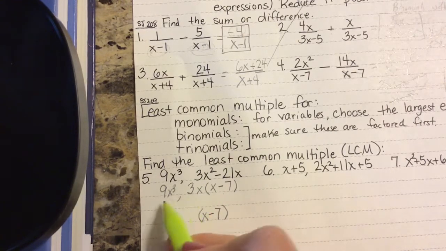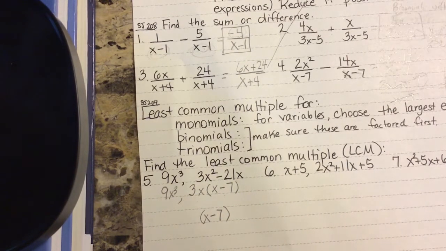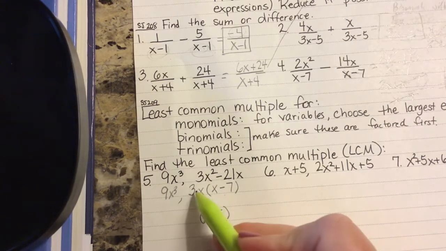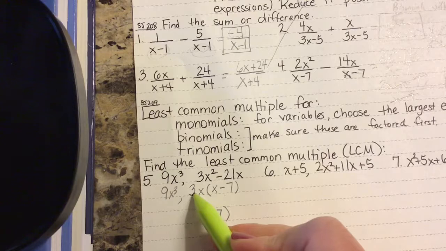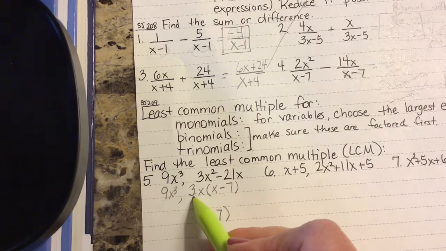Now let's look at our two monomials. I have 9 and 3. When you're finding the least common multiple, you want the largest number that both of these can divide evenly into. Students want to say 3 is the least common multiple, but 9 does not divide evenly into 3.